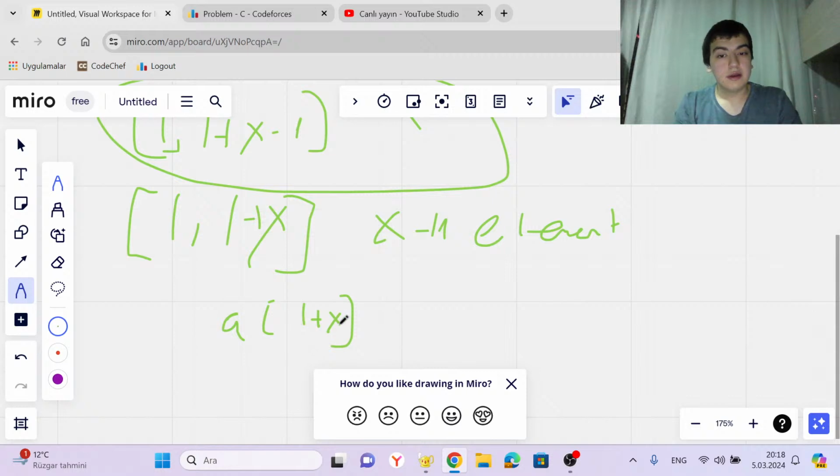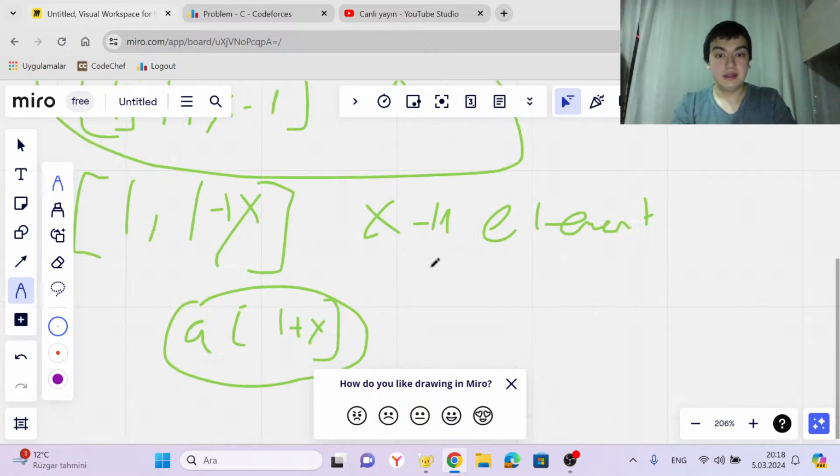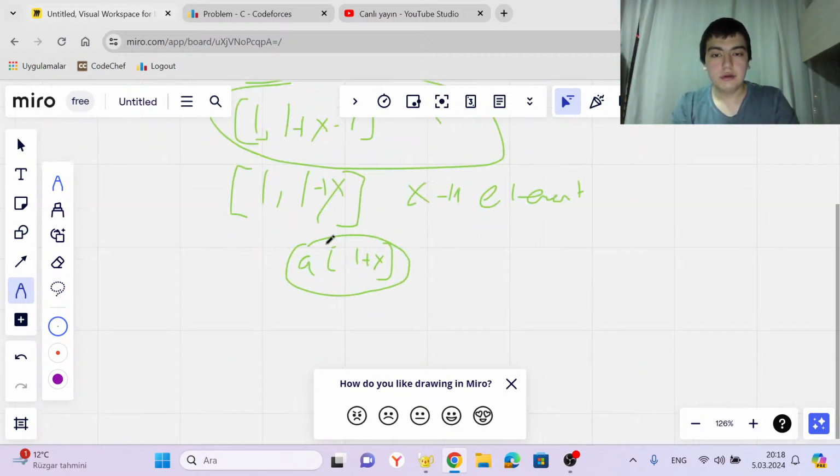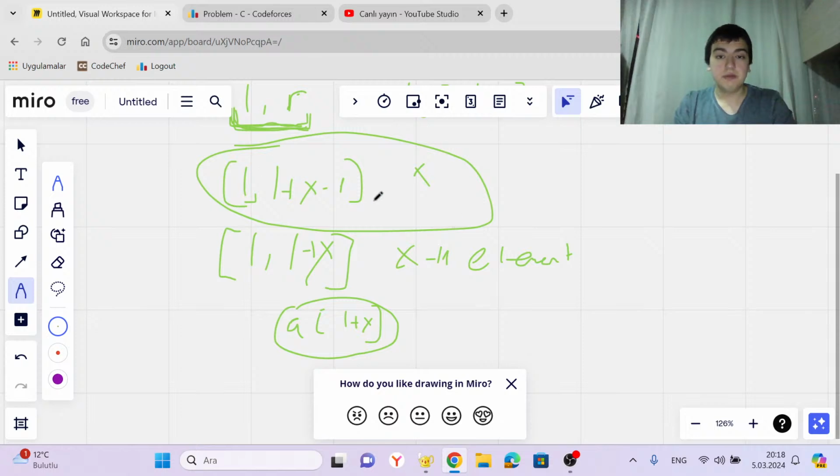And I need to compare this element with the elements that are in the priority queue, the maximum x elements. I only need to compare the biggest element of these x numbers with this value.